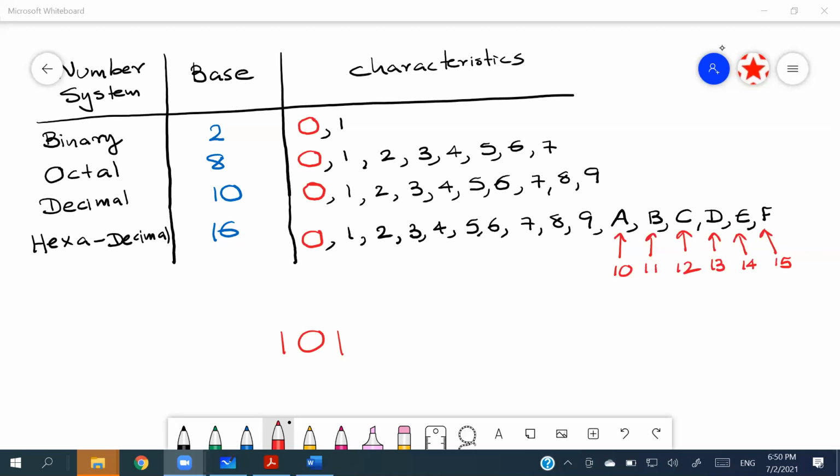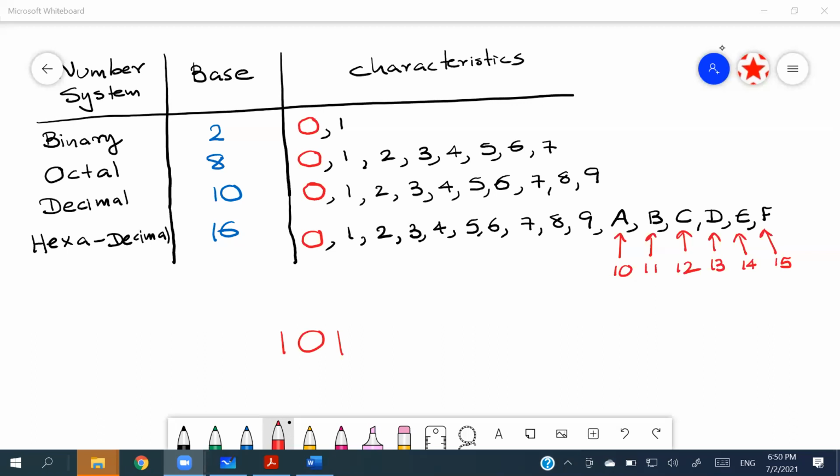Okay. Dilini and Ranuja have given me some answers which are correct. Yes, Tedara, that's correct, because 1 and 0 are there, right? So 0 and 1 characters we can find in the binary number system. But is it only in the binary number system? No. We can find 0 and 1 in the octal number system as well. We can find 0 and 1 in the decimal number system as well.